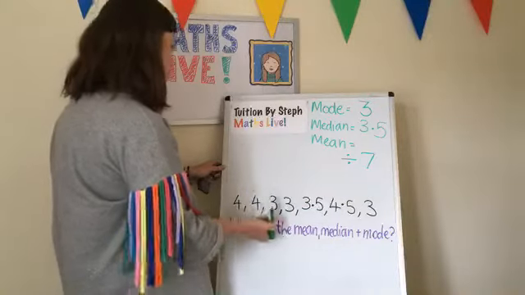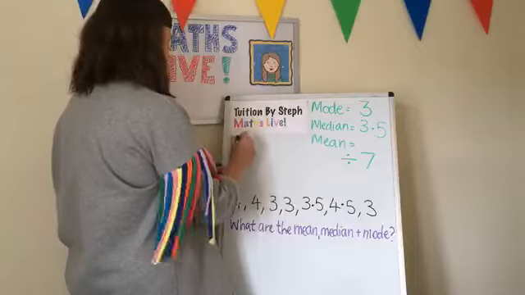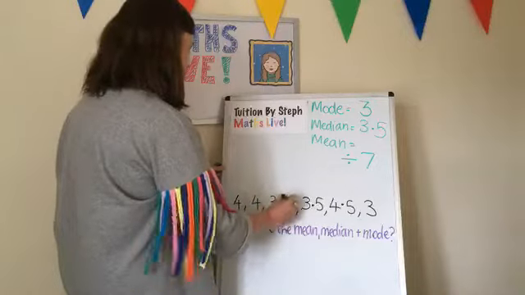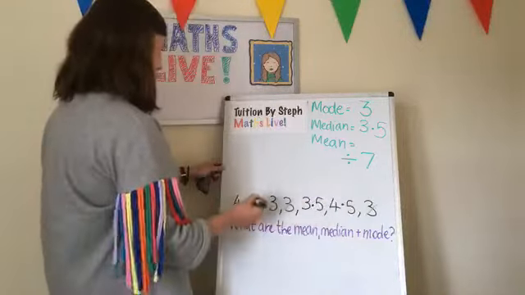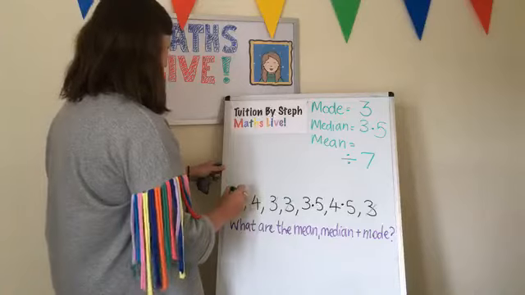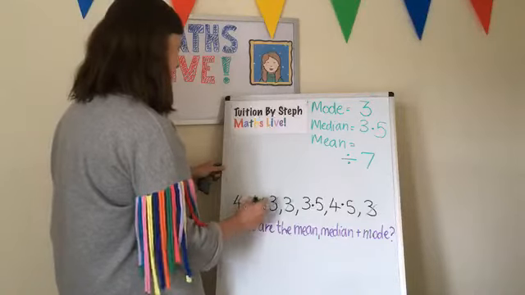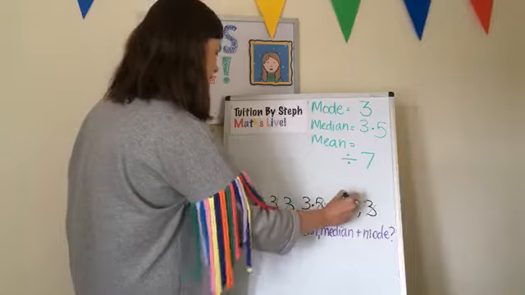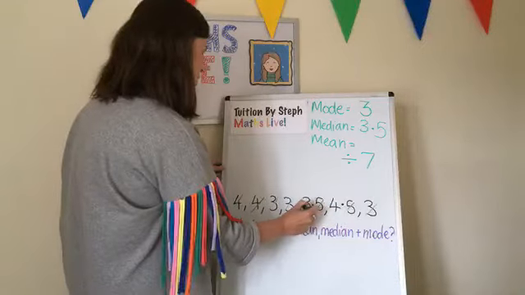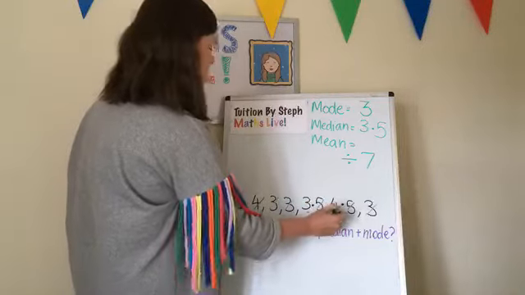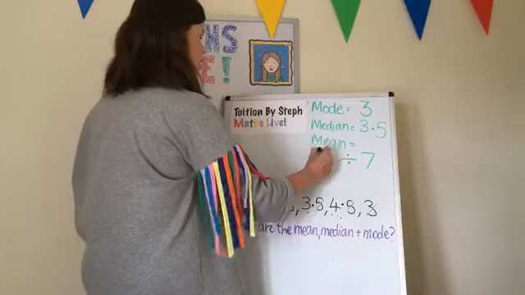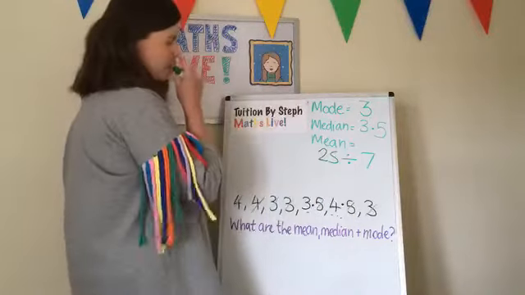So we've got 3, 6, 9, 10, 13, 17, 18, 19, 20, 21, 22, 23, 24, 25. So we've got to do 25 divided by 7.